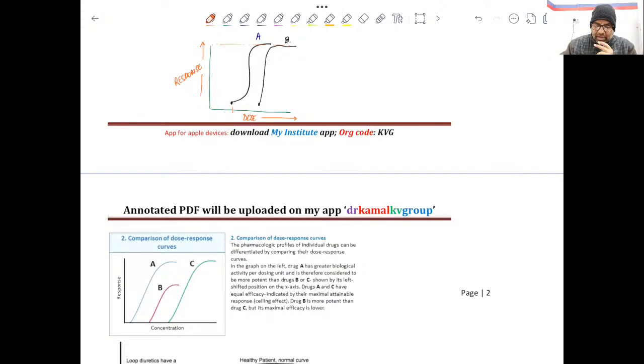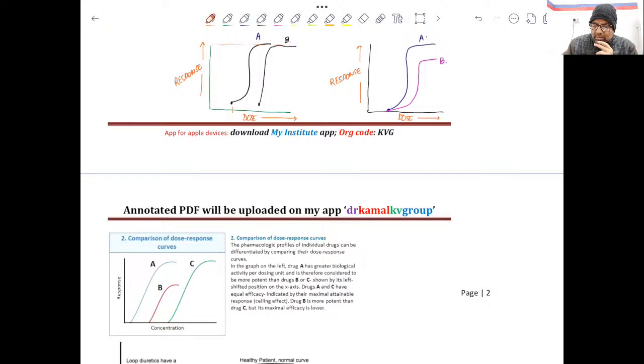Then you can take it in another manner also, like if you draw this curve again, okay? So again this is the dose of drug, and this is the response or the effect of the drug. Now here you can take a fixed dose, and you will see the response of drug A, and again at the same dose you can see the response of drug B. Clear?